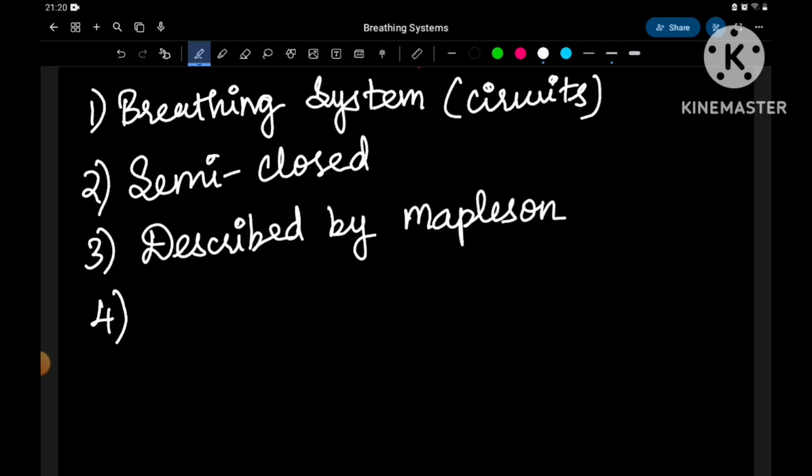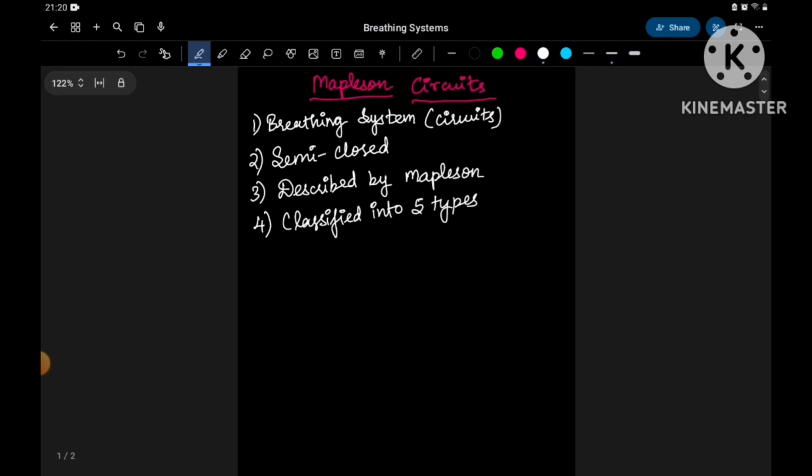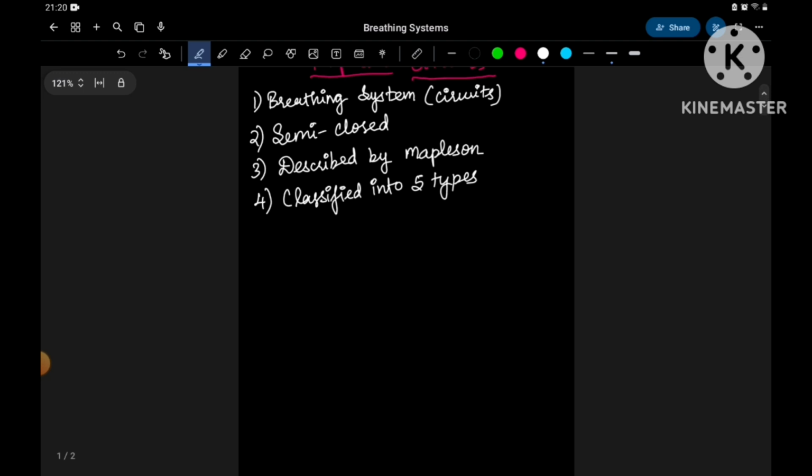The fourth point is, it is classified into 5 types. So now let's see the diagram and try to draw it here itself so that it will be easy for us.